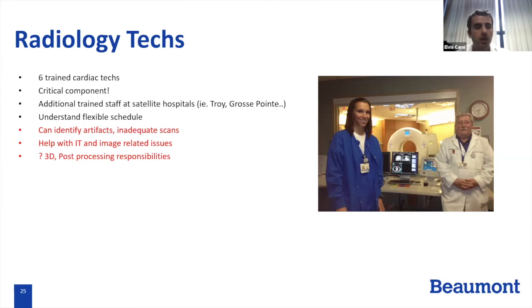But sometimes if there's a questionable artifact, they'll page one of us readers to review the images real time. Patient is still on the table. And then I make the decision with the tech as to, okay, scan them again and use this different protocol, or yeah, there's a little artifact here, but I can still see the image, let them go.